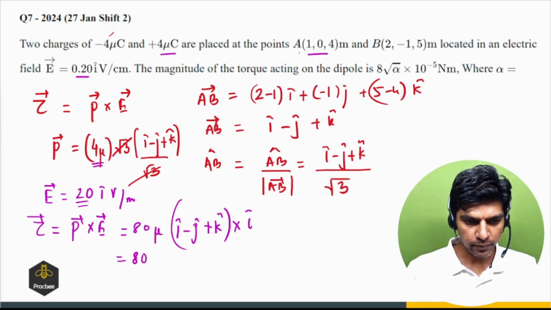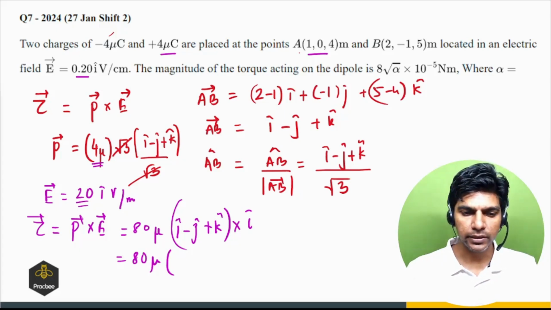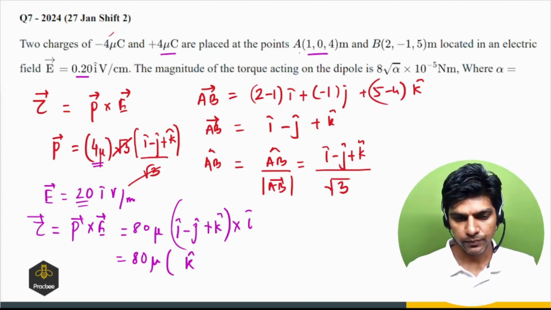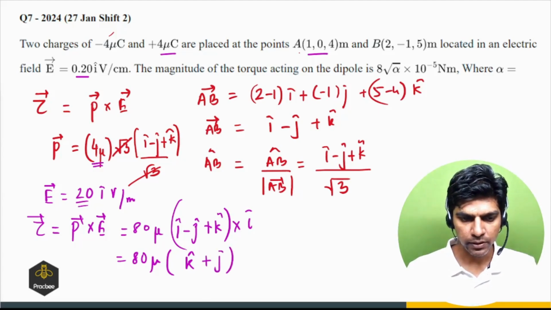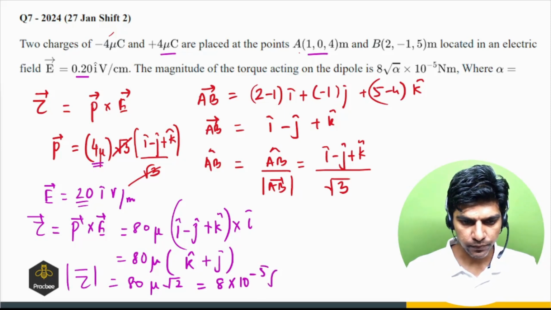So it will be 80 micro times i cross i is 0, and j cross i is minus k, so that will be plus k cap, and k cross i will be j cap. And we want to find the magnitude. So the magnitude of the torque will be 80 micro times root 2, which is nothing but 8 into 10 raised to power minus 5 root 2.